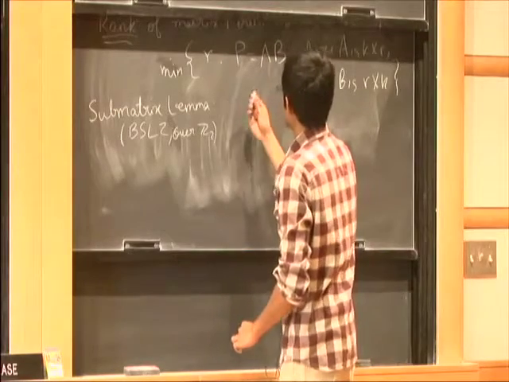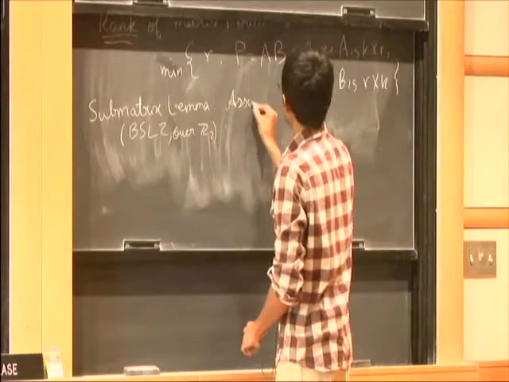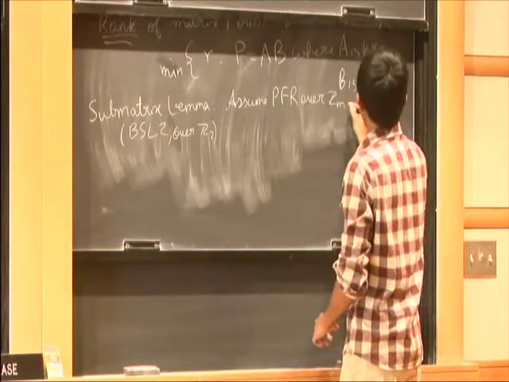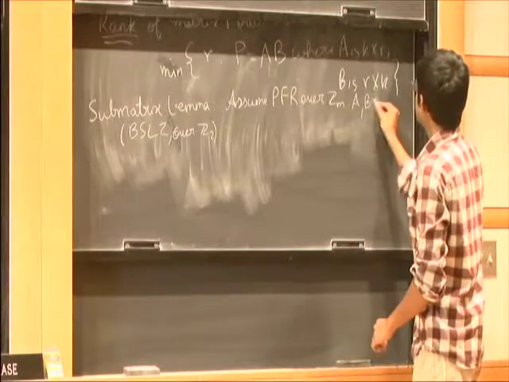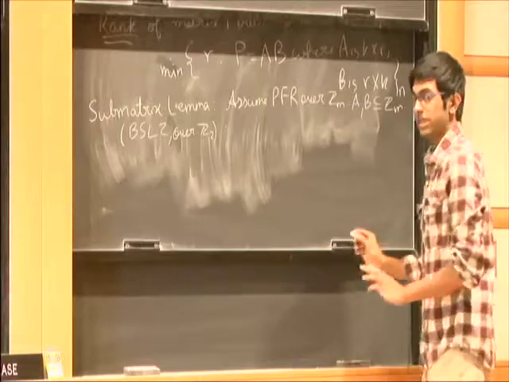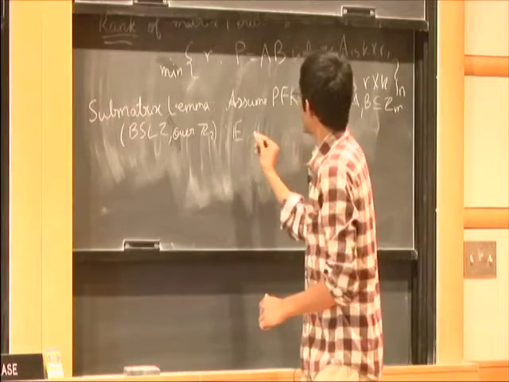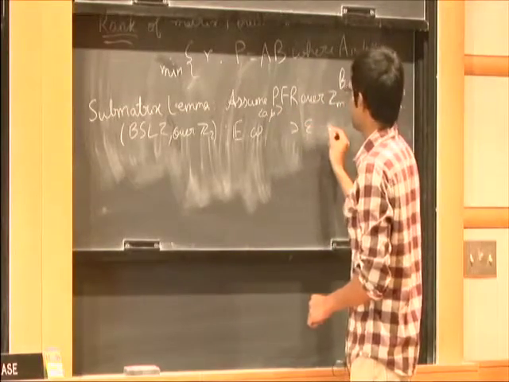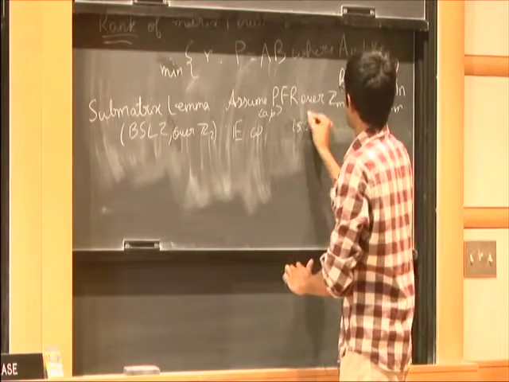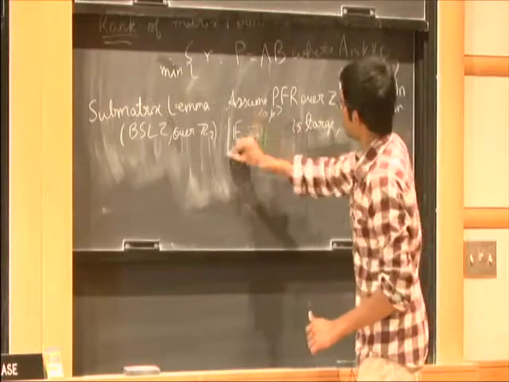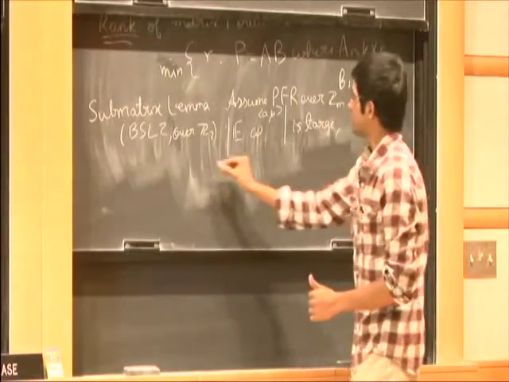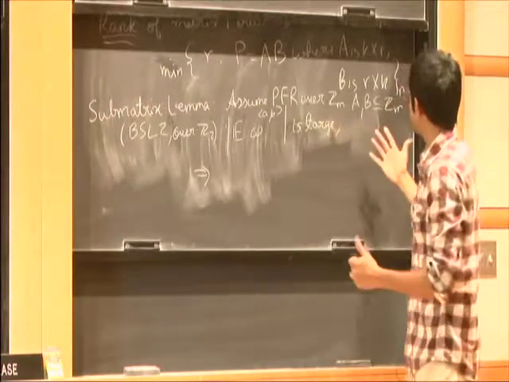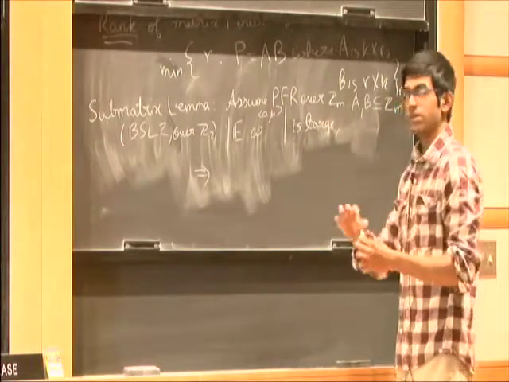Okay, so assume PFR. And let A, B be two subsets in Z_m^n. Now if the expectation of omega^{AB} is large, then this implies that you can find a large enough A' in A and a large enough B' in B so that the inner product AB is constant.